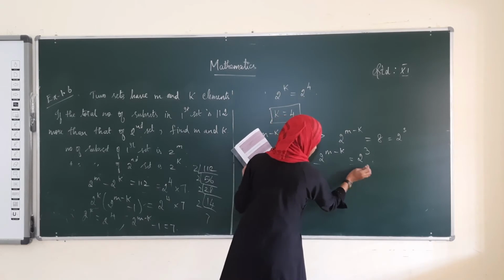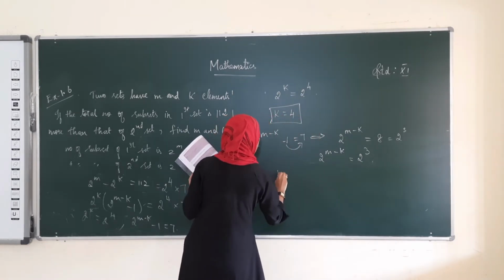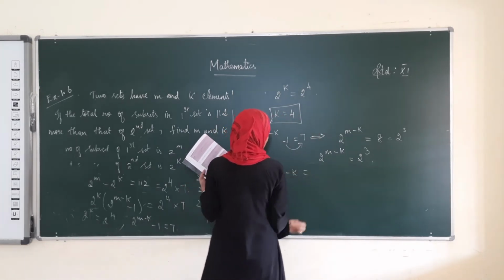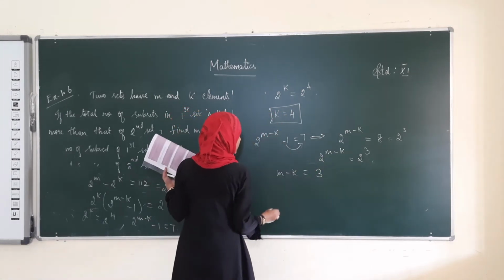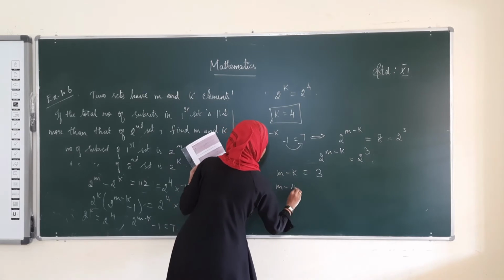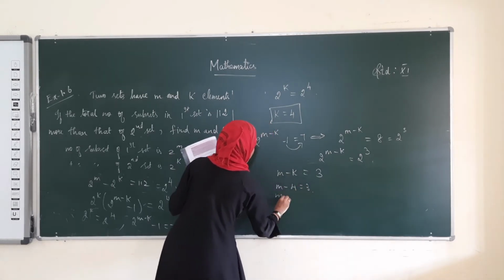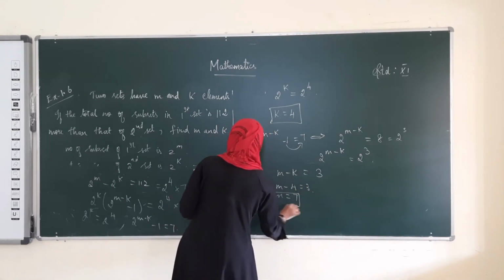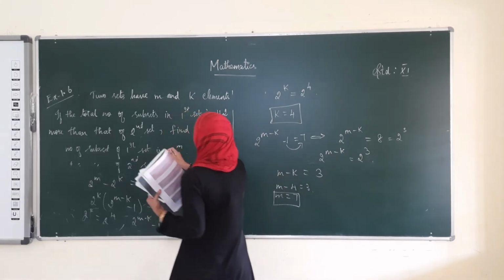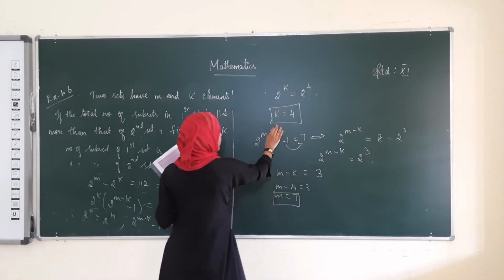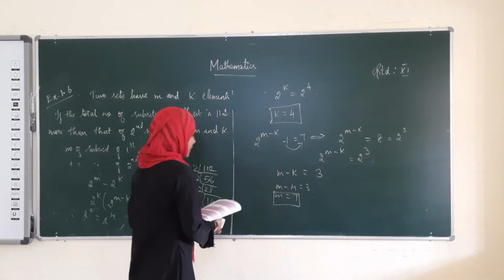Since the base is same, the power is also the same. M minus K is equal to 3. We already know the value of K is 4. M minus 4 is equal to 3. Therefore, M is equal to 7. This is the value we want. They have asked us to find M and K. The value of K is 4 and the value of M is 7.